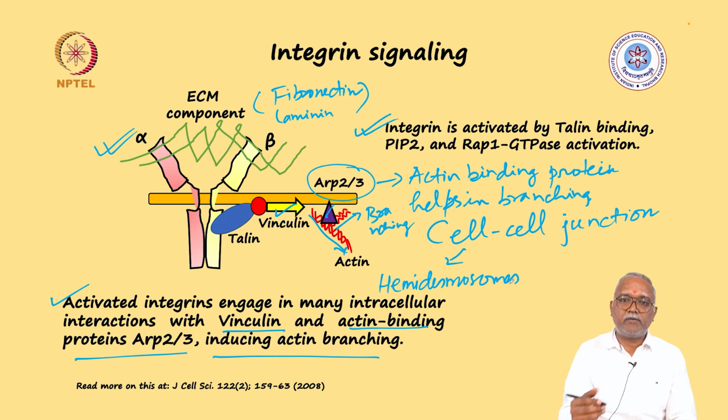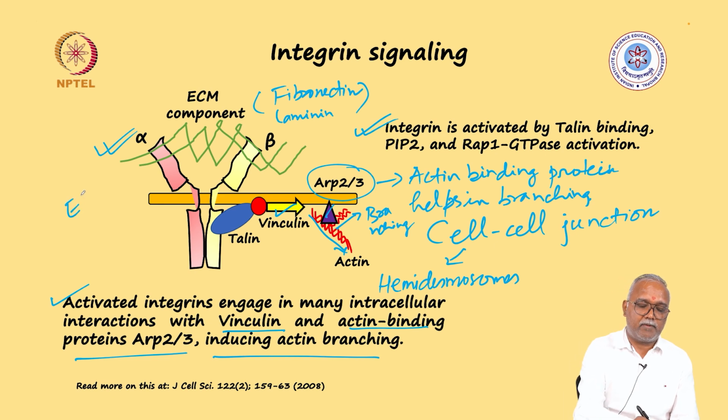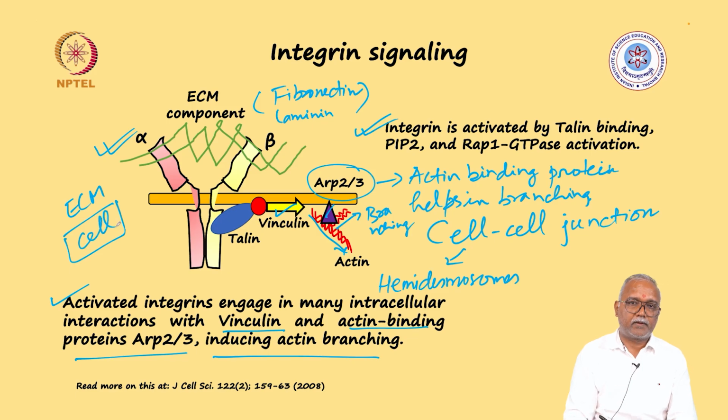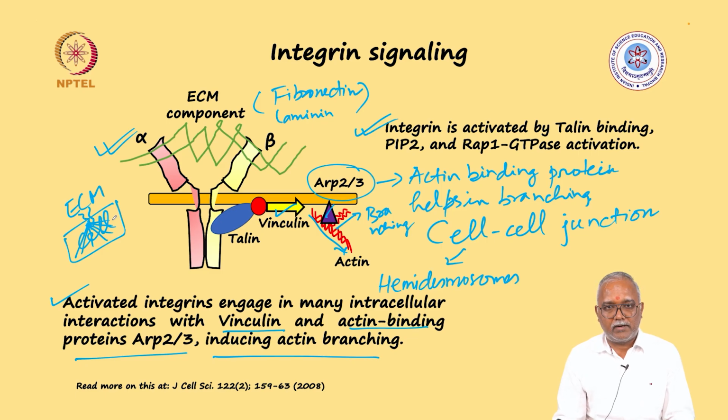Many of these migration-related events or motility will be regulated in such a hemidesmosomal situation where the extracellular matrix is coming in contact with a cell. And in such a scenario, the integrin receptors help it tether to the intracellular complexes through the actin network, through the actin filament which is up over there.